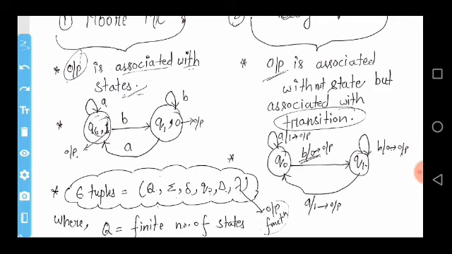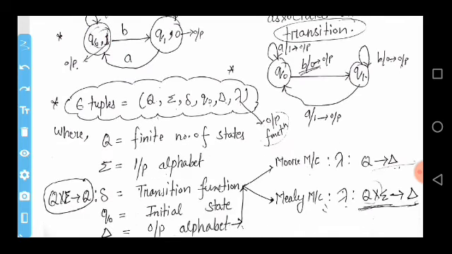These are the two main differences between the Mealy and Moore machines, and in both cases there are 6 tuples: Q, sigma, delta, Q0, triangle and lambda.